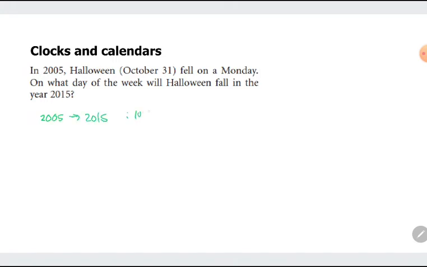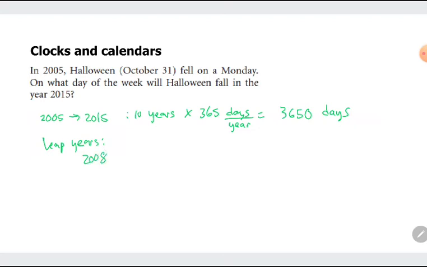That is 10 years. If each year we have 365 days per year, we are dealing with 3,650 days. But we also have to count the leap years. What are the leap years between 2005 and 2015? We have 2008 and we have 2012.